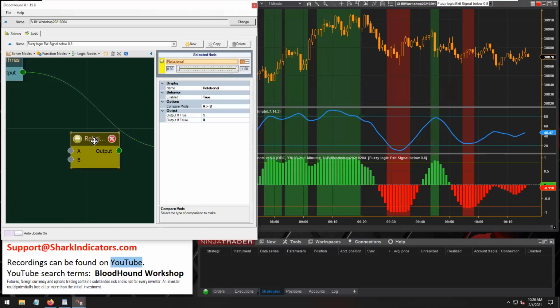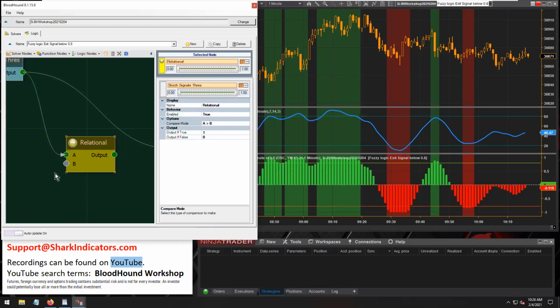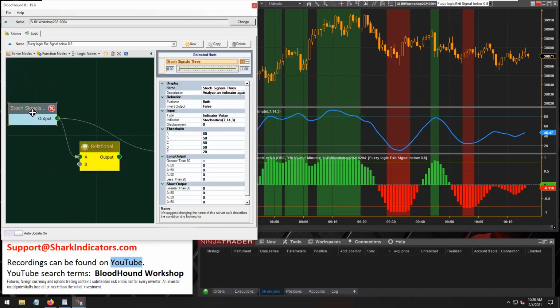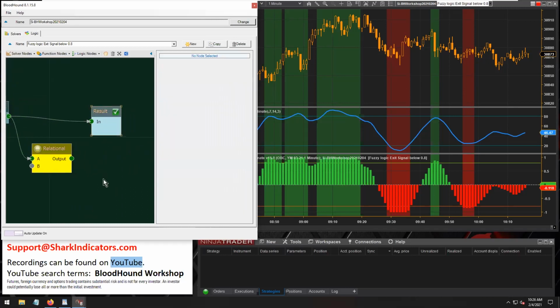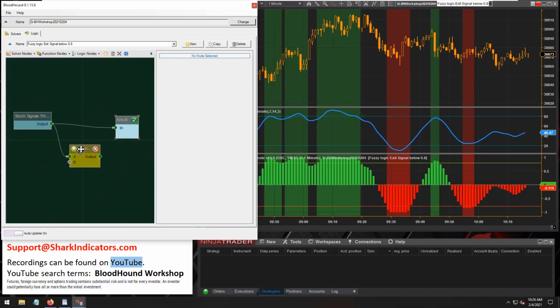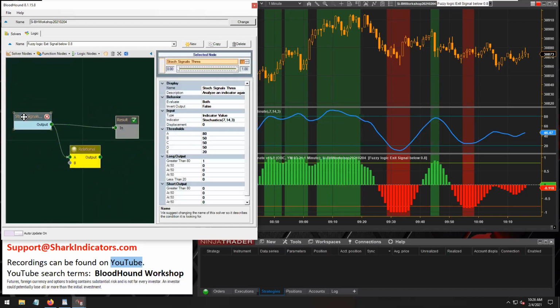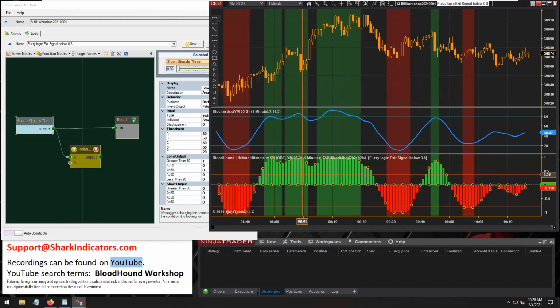So what that means to the relational node is that if I plug something into A here, so I plugged this solver into A, and let's zoom out a little bit, we're looking at the output for A. Keep in mind that this solver is doing one calculation for the long output and a separate calculation for the short output.